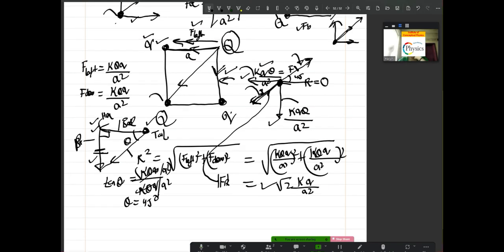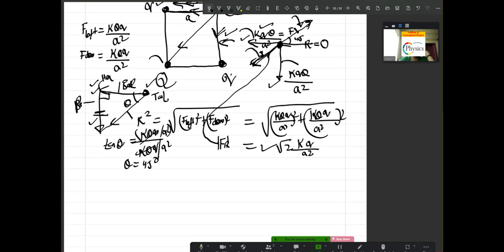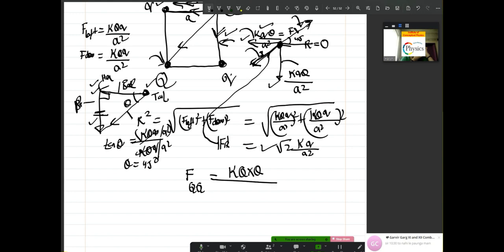Now we know the resultant of the two downward and left charges. Let's calculate the force on the charge due to this. It will be force due to Q on Q diagonally is equal to K Q Q divided by the diagonal square. The distance between them is the diagonal if you notice.